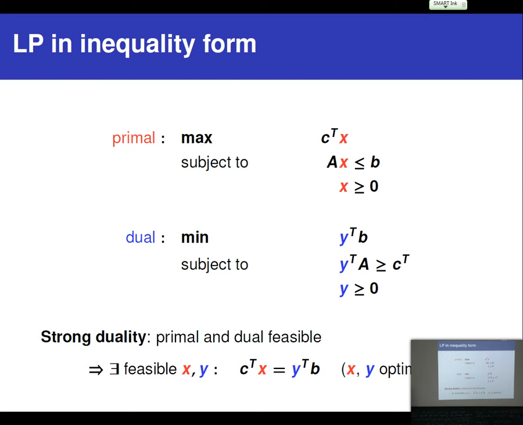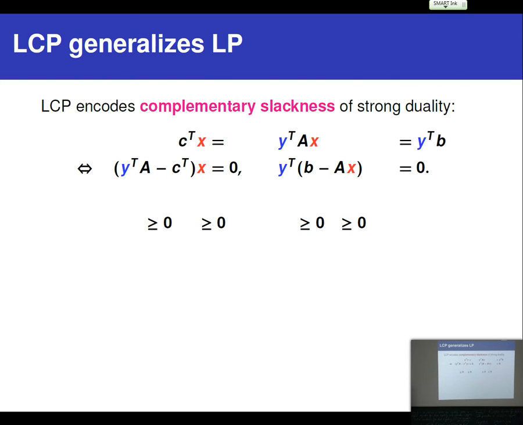But then strong duality, which is a non-trivial result, gives us that if we have feasible primal and dual points, then we have equal objective function values for optimal primal and dual solutions.